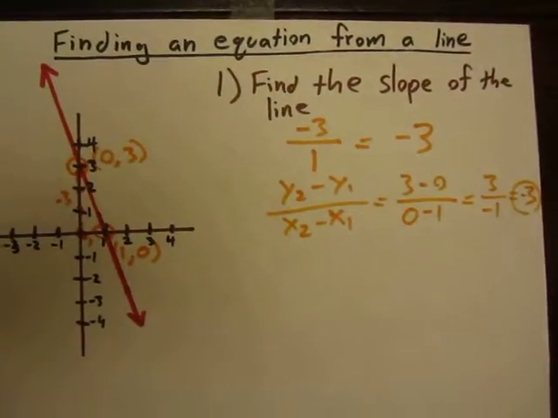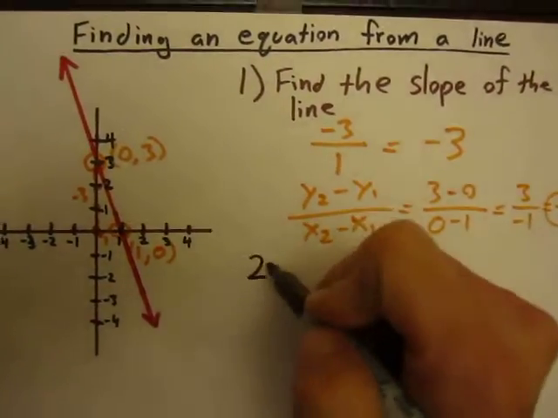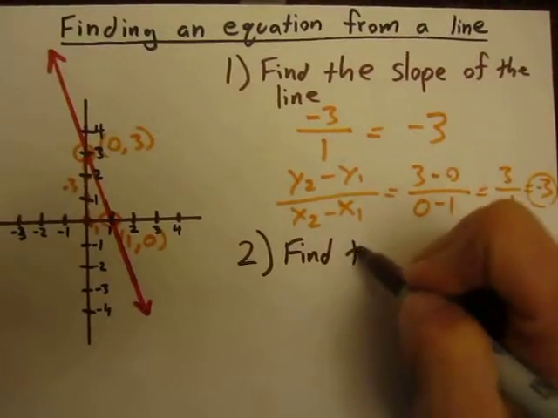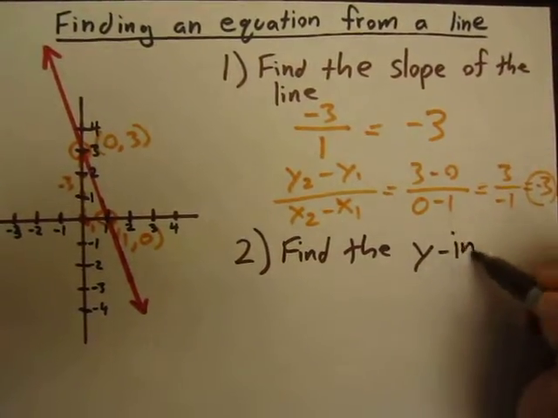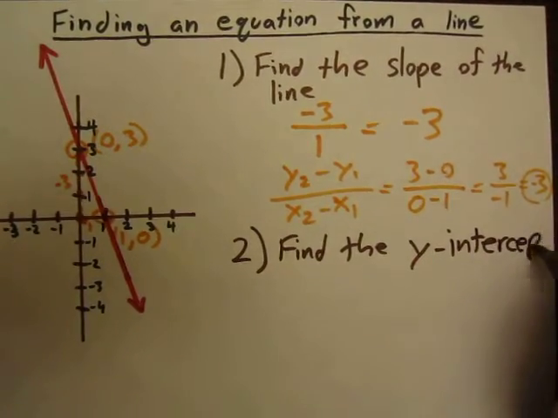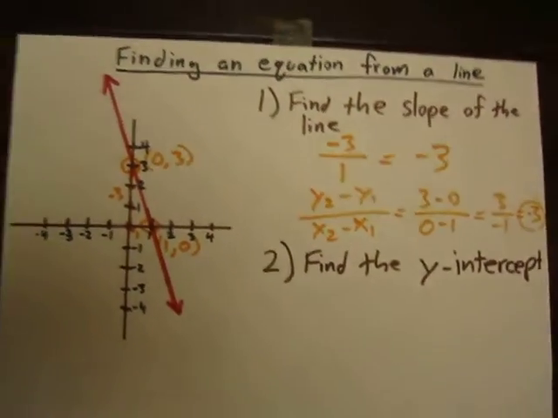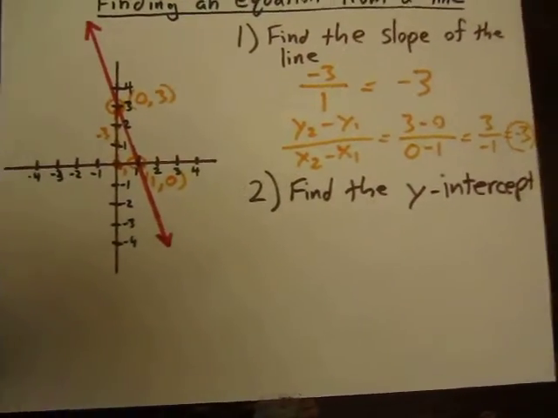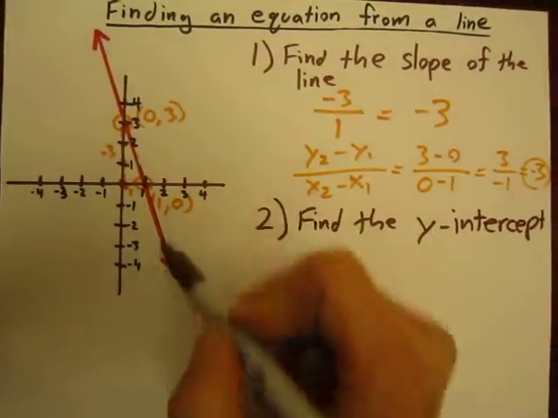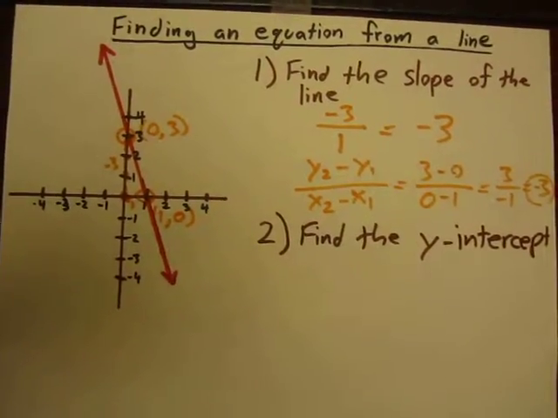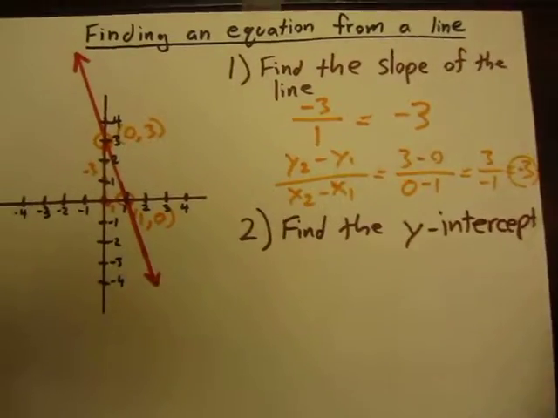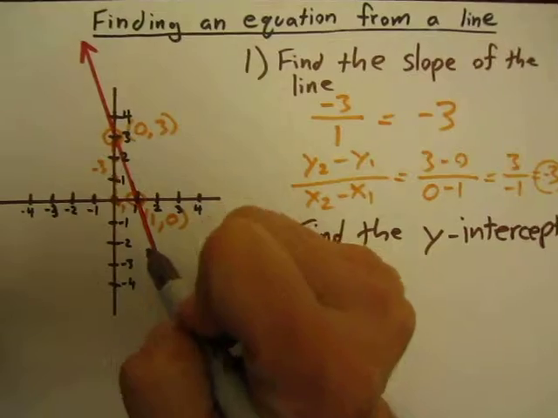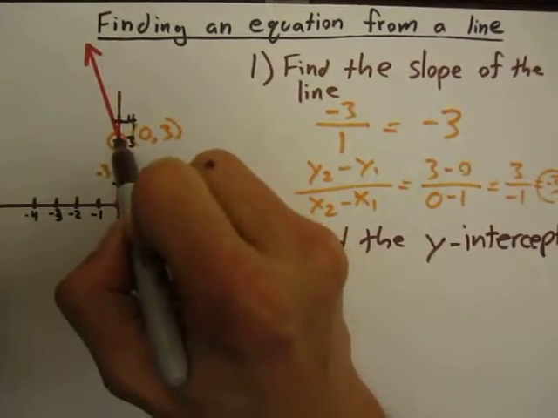So after we found our slope, the second step is we need to find the y-intercept. Now, this can be done a couple different ways. The easiest way is if you have a line already drawn. Well, if you look at the video on finding x and y intercepts, you'll find that the y-intercept is simply the point at which our line crosses the y-axis.